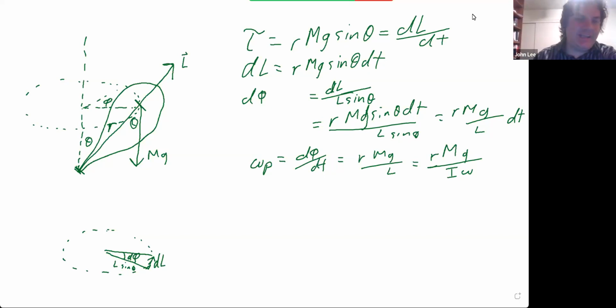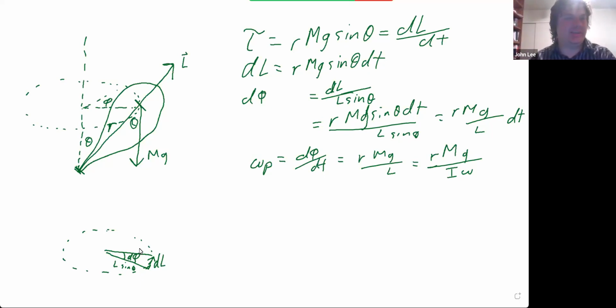So d phi is going to be, looking at the lower left-hand corner, the angle that it makes with respect to the z-axis, rather than the polar angle.